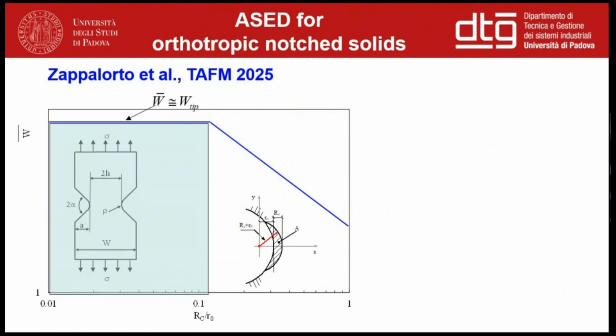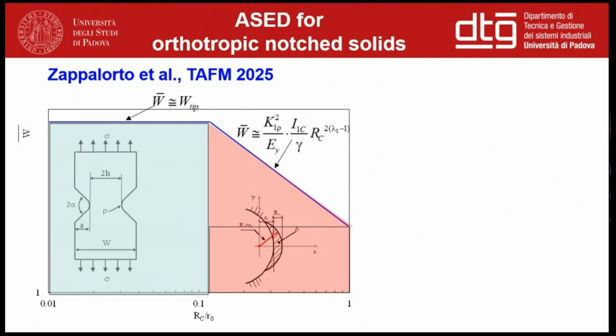We have on the left-hand side the first region where the average strain energy density is not significantly different in comparison with the value evaluated at the notch tip. This is because the control radius over R0 is very small, and so you are including in your calculation only the regions which are very close to the tip. Conversely, increasing the value of this ratio, you can move to this region where the control radius is very large.